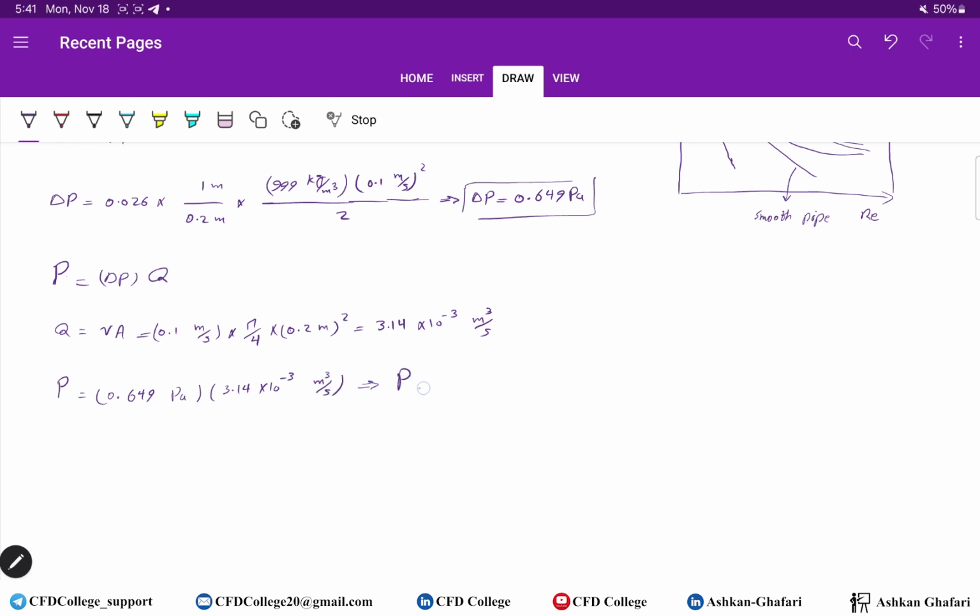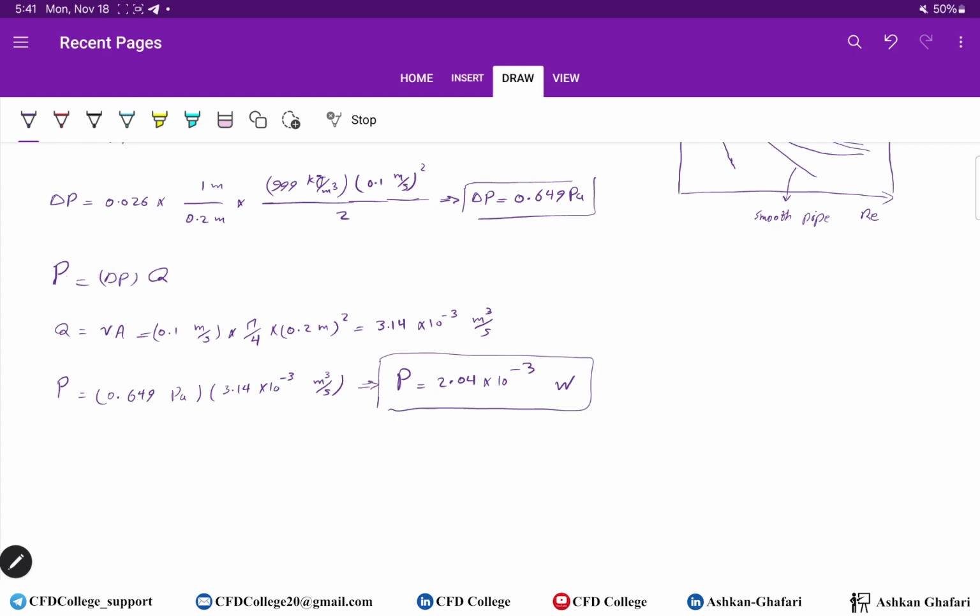So power loss equals 2.04 times 10 to the minus 3 watt.